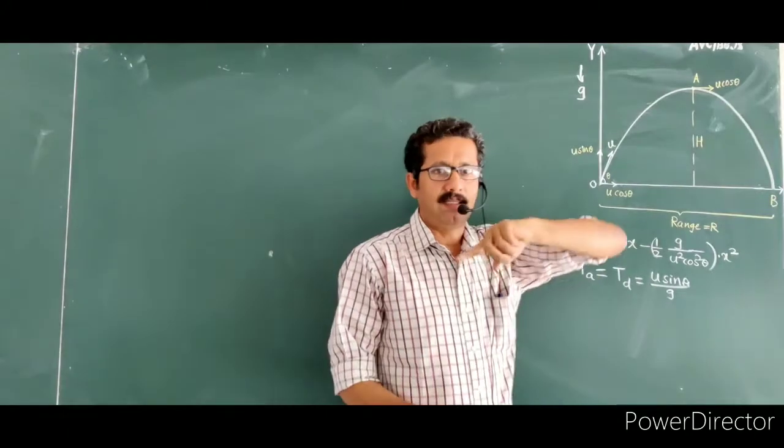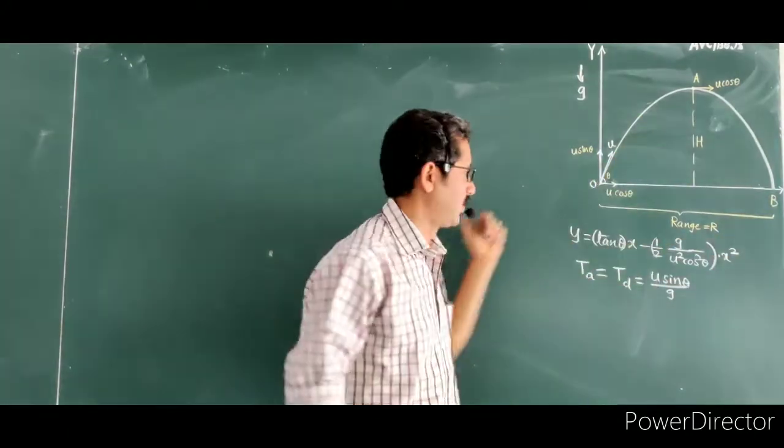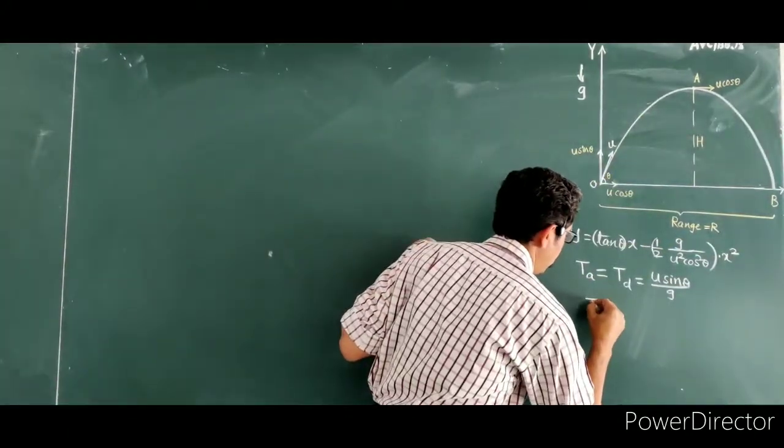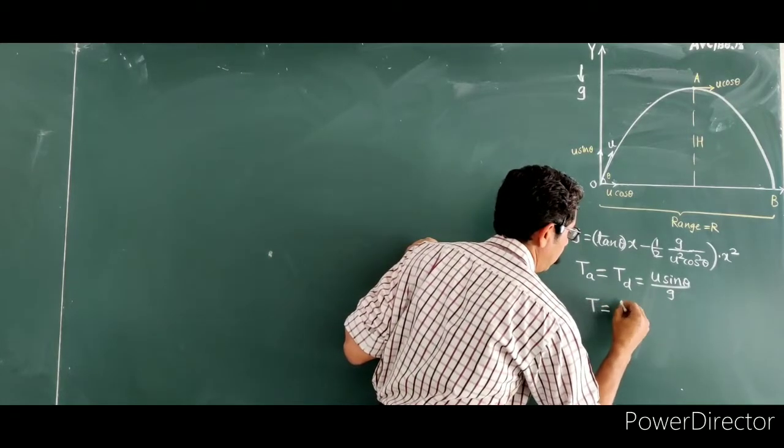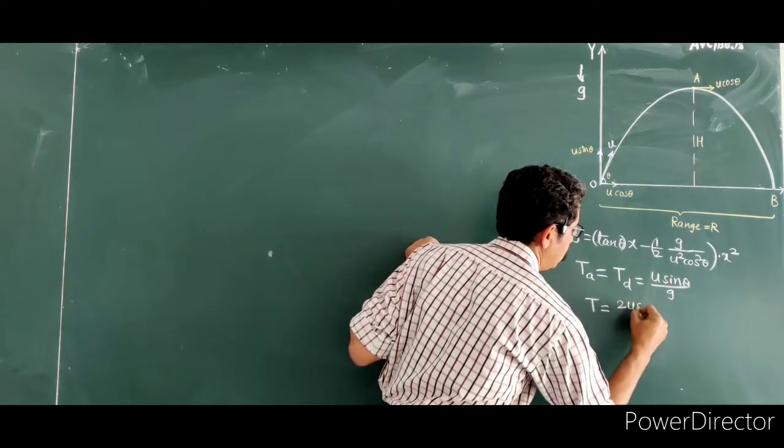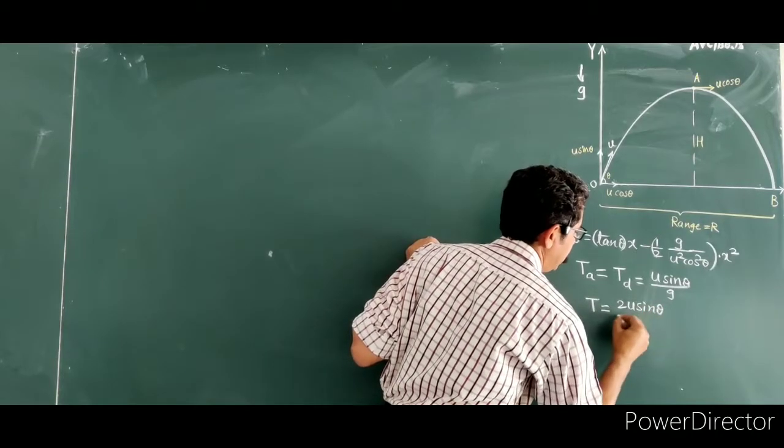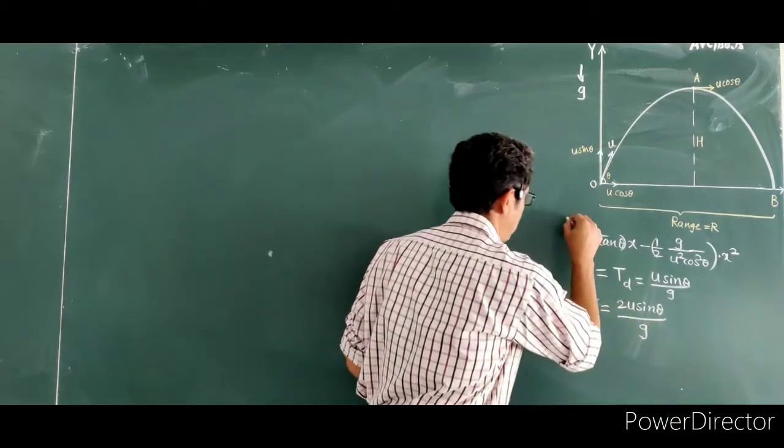The time of flight, the entire total time taken by the projectile, was proved to be t equal to twice of this, that is 2u sin theta divided by g. This is also what we have done.